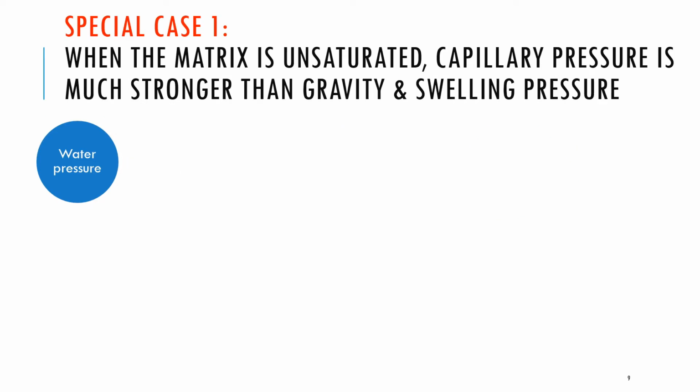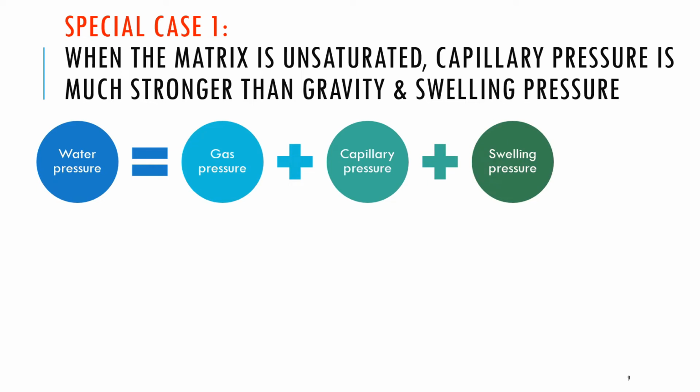So it's very hard to think of a situation where all four of those mechanisms would be present simultaneously. So we include or exclude the relevant pressures as needed for a particular process or type of processes. So we do this special case one where the matrix is unsaturated, so the capillary pressure is actually so much higher that the swelling pressure and gravity driven flow can be ignored.